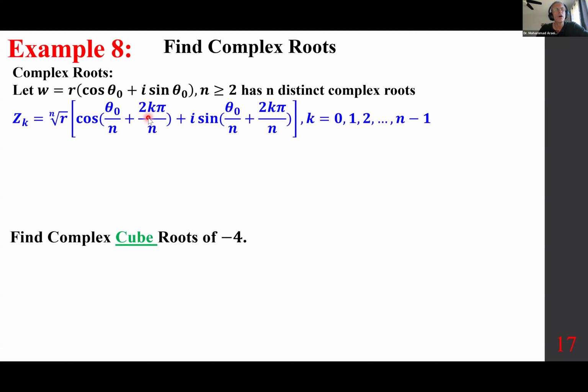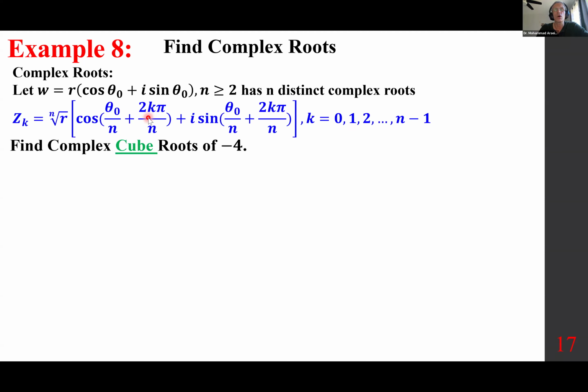So we want to find the complex cube roots of -4. How do we find that? First, reminding everyone that if we have a positive value, for example, 10 is 10 cis 0.